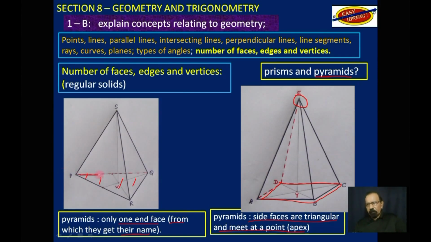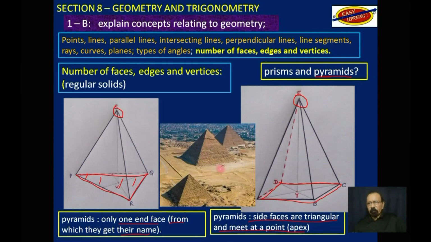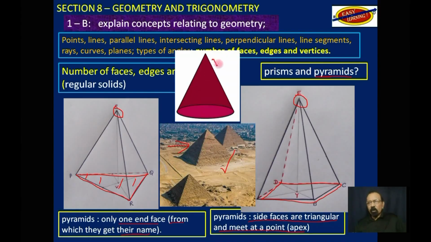It has a triangle at the base, and then the sides are also triangles, and they all meet at the point on the top here, which is the apex. You may be familiar with pictures of the pyramids of Egypt, like you see here, that type of shape. And a cone is also considered a special type of pyramid. Notice it has a shape down here, and the side slants upward to a point on the top there.